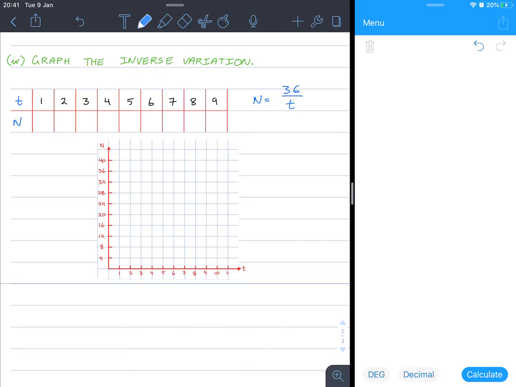So let's start substituting. When t is equal to 1, that's going to be 36 divided by 1.